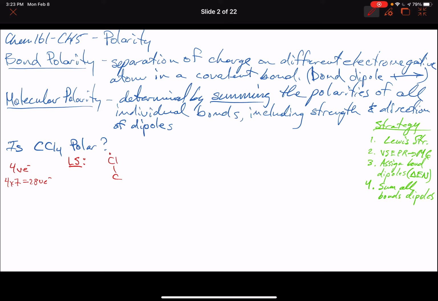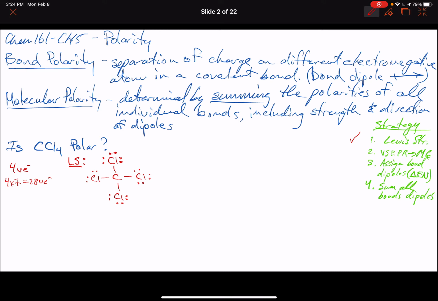And so if you have difficulty with this, please revisit some earlier videos and content on Lewis structures. Okay, so this would be the correct Lewis structure for CCl4. So we've just completed step 1.